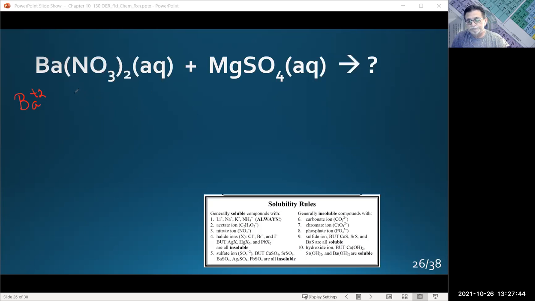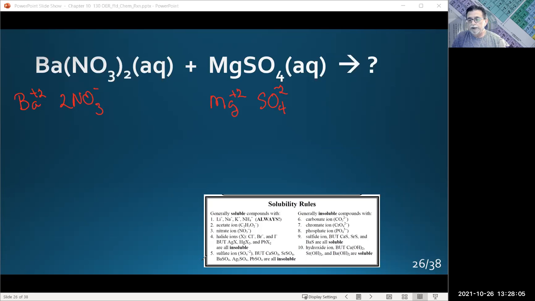And nitrates, hopefully you can pick up on this, the nitrates are all -1, and we have 2 of them. Now, magnesium, like barium, is a +2, and then the sulfates are -2.